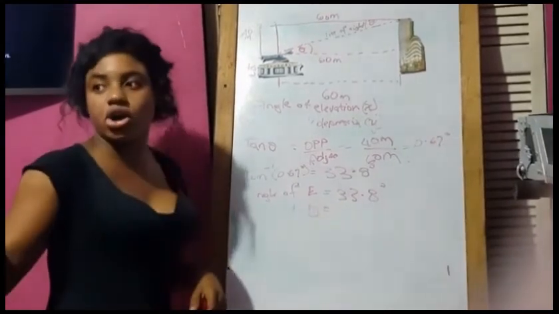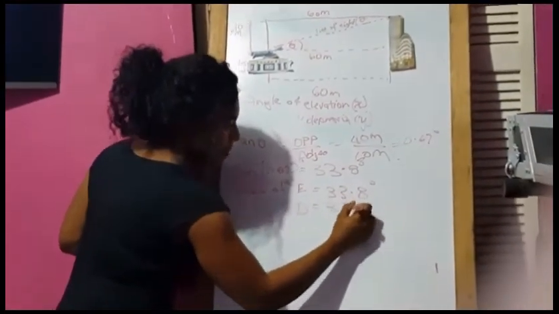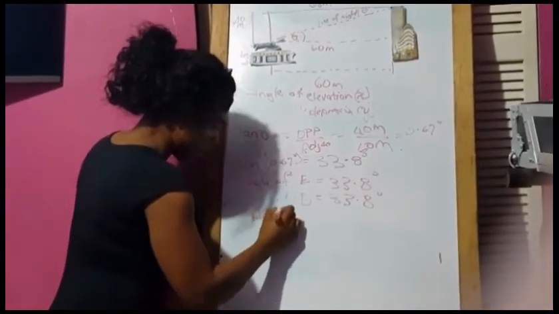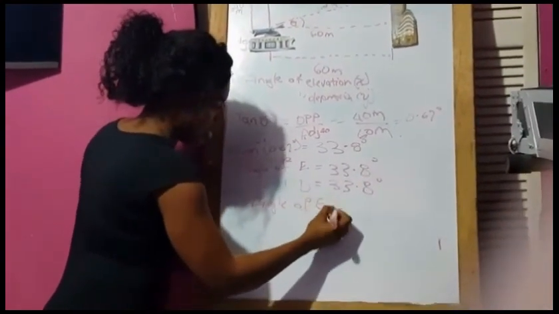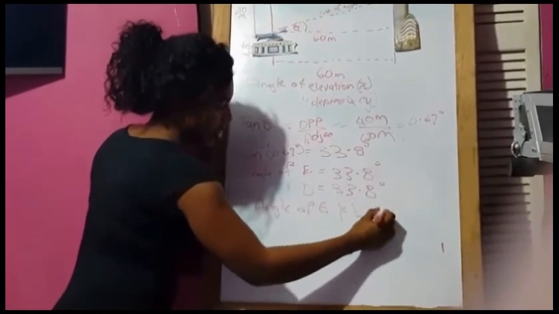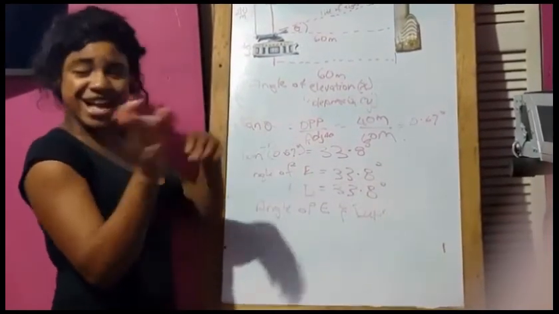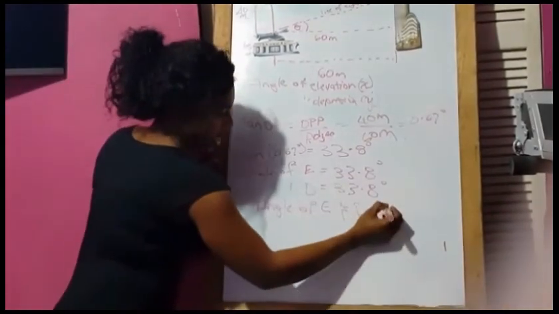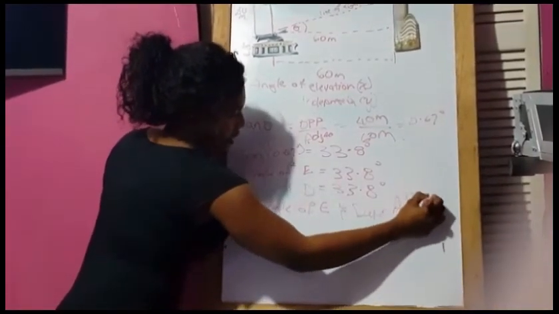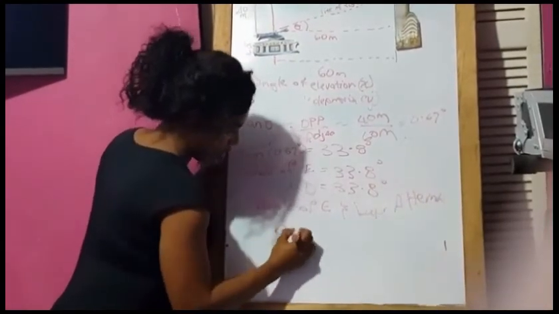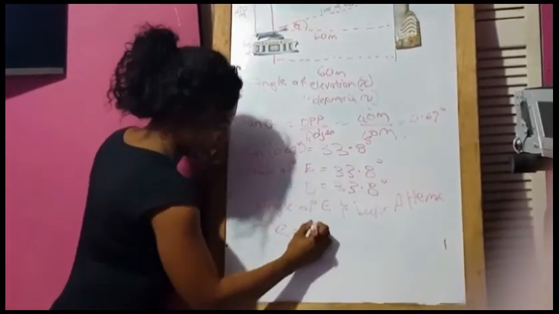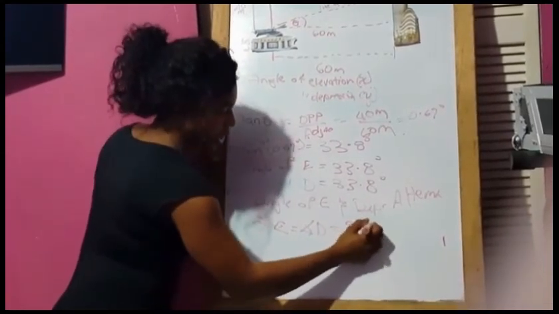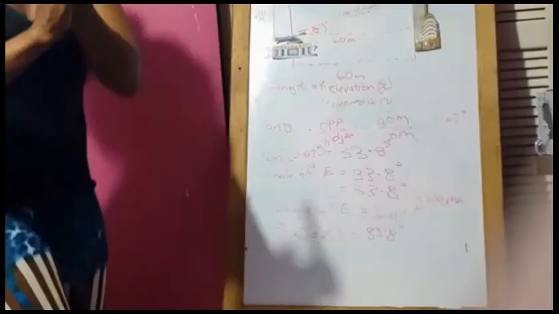It is also 33.8 degrees, being that the angle of elevation and depression is what? Supplementary? No, miss, no, miss. Okay, it is what? Alternate. Okay, so being that it's alternate, the angle of elevation is equal to the angle of depression, which equals 33.8 degrees. Clap yourself, clap yourself.